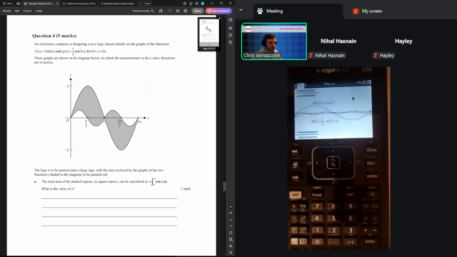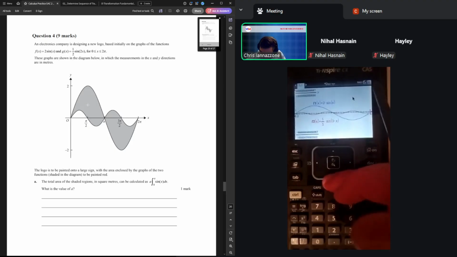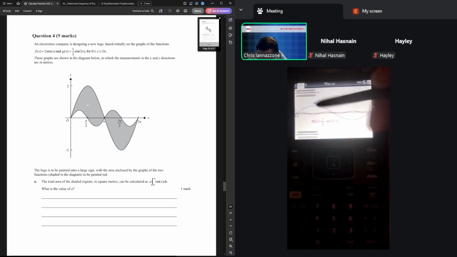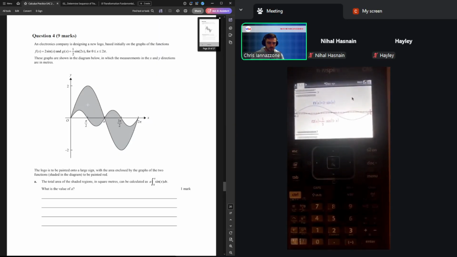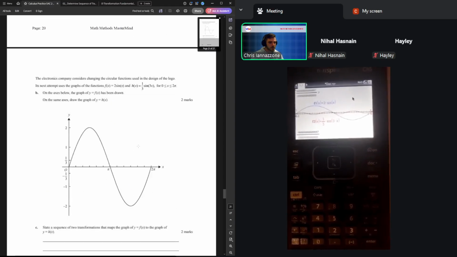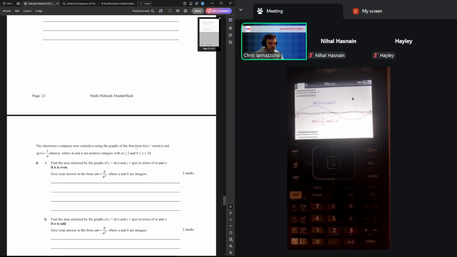So if we had a look at the n equals 2 example from the screen share, we'll see that it had a single cycle for the first main hump of the big one. Whereas if we compare to our CAS one, by having n equals 3, we ended up having sort of 3 little half cycles in there, a full cycle and then a half cycle afterwards. So we can kind of get an idea of what's likely to happen just by looking at what has already happened.